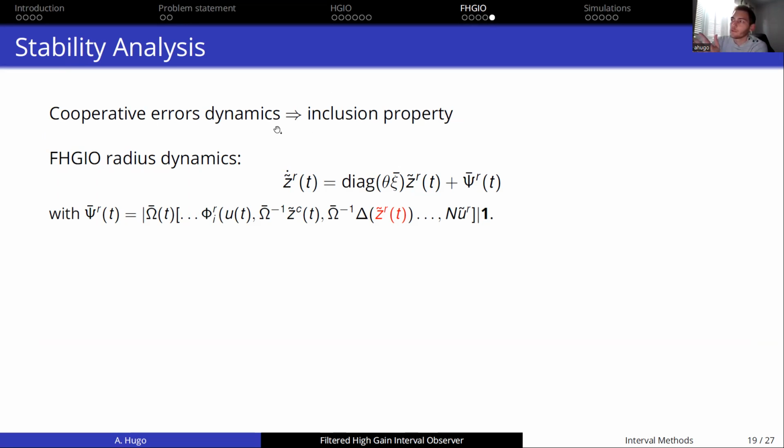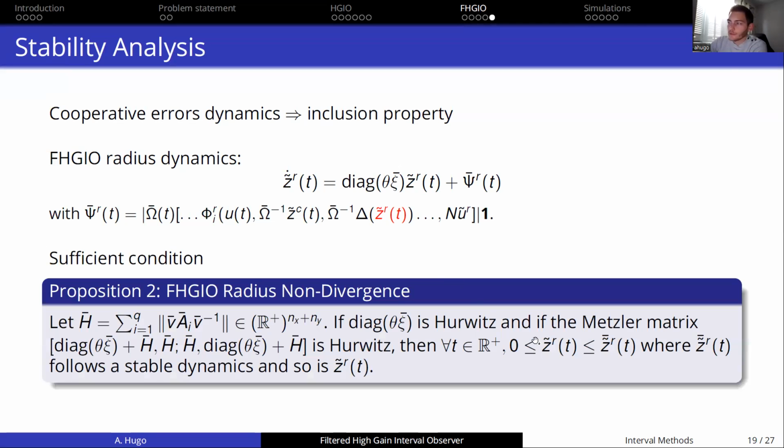So we have the inclusion properties that are guaranteed. And again, we need to ensure that the radius does not diverge. And for that, we have again a sufficient condition that is basically quite the same, and we need to make sure that it is also respected. This property is respected when we design such an observer.